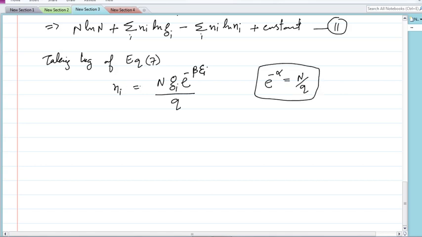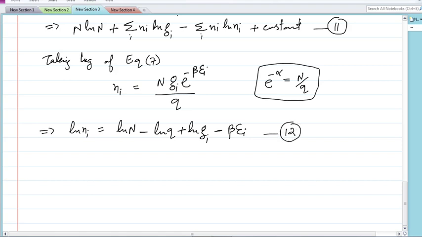So if we take the log on both sides, it will imply ln of ni will be equal to ln of N minus ln of q, if you take the q to the denominator, plus ln of gi, and log and exponential will go, it will here simply be minus beta ei. So this is equation number 12.